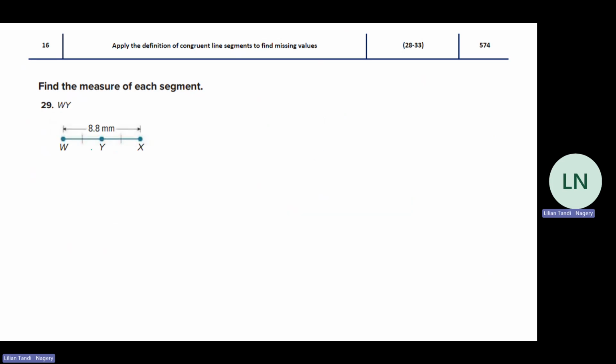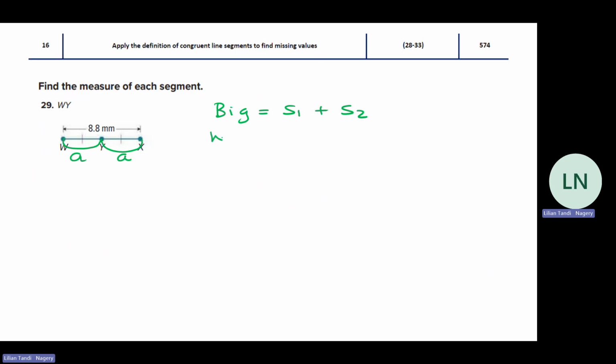Okay, what do I notice? I notice that I have two small parts, and they are both congruent, and they don't have a measurement. So because they don't have a measurement, I will put a variable. In math, when we don't know something, we replace it with a variable. Then we write our equation. So I have big equals small 1 plus small 2.